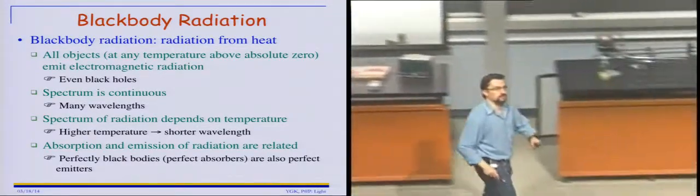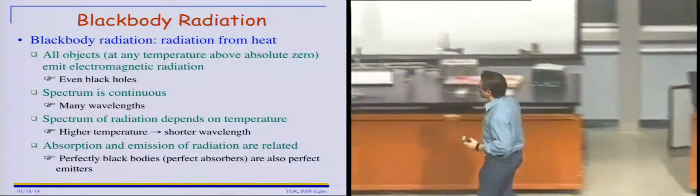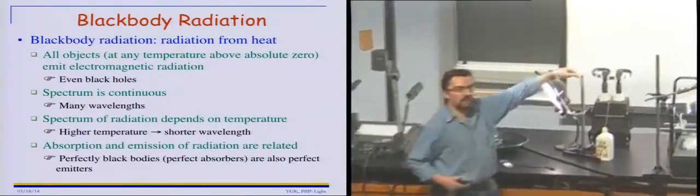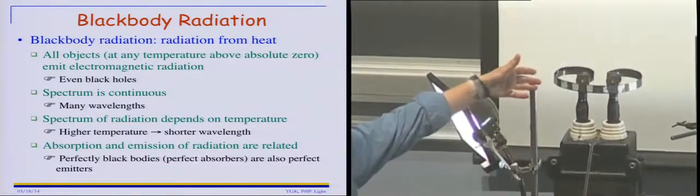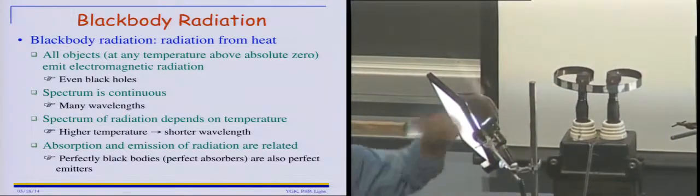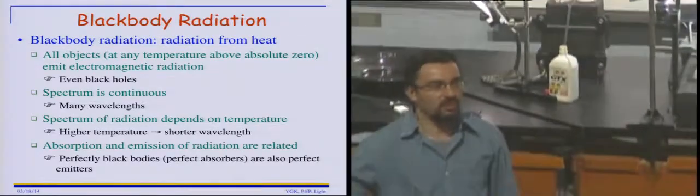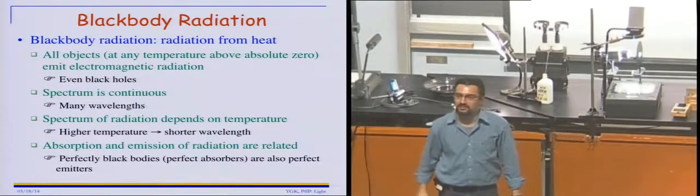So here's the question for you. I have this strip, a piece of metal. It has white marks painted on it. It also has clearly darker regions. What do you think will radiate better? The white spots or the dark spots? What will produce high intensity?